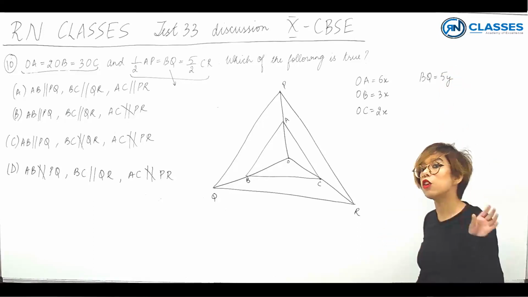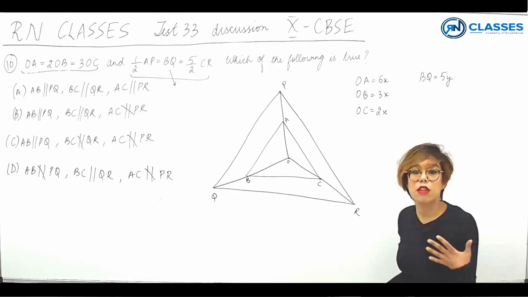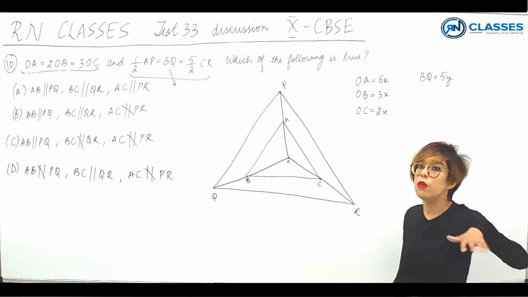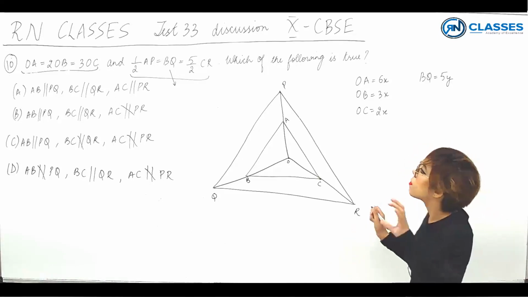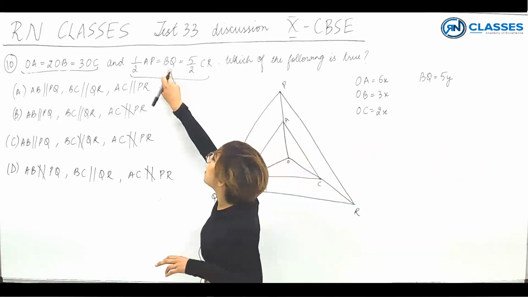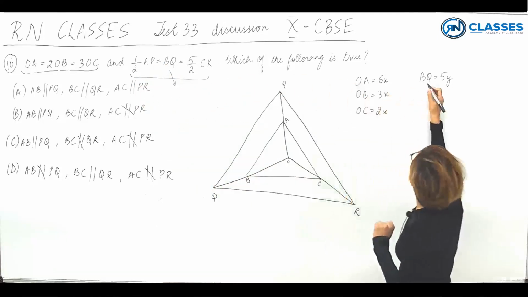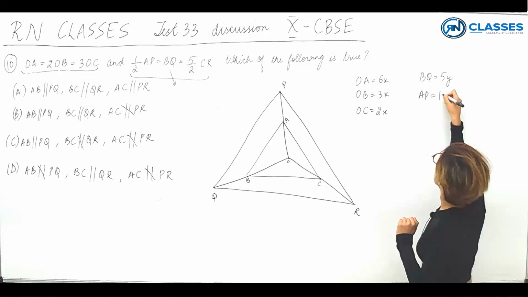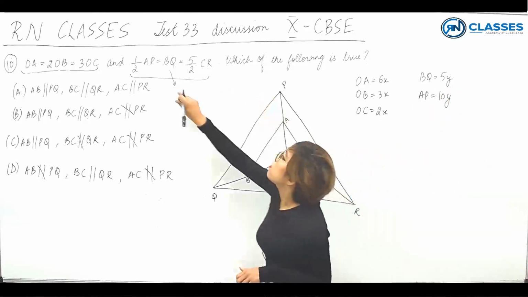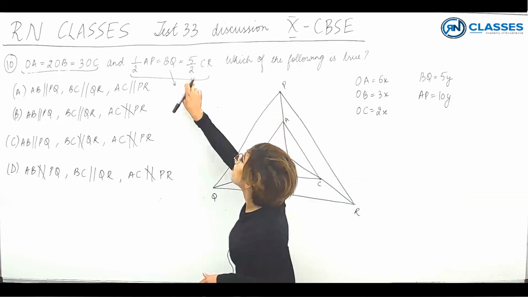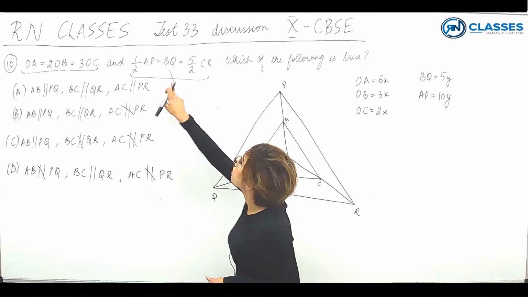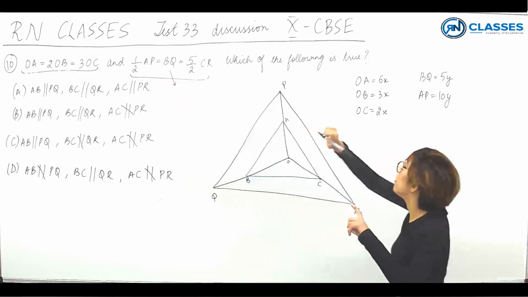Personal choice. You can take it to be y itself. Fractions will be involved in that. If you like it, you do it. But I don't like fractions. Now, this is 5y. AP will be 2 into 5y, which is 10y. AP is 10y. And this 5y is equal to 5 by 2 CR. 5 cancels, so this becomes 2y. CR is 2y.